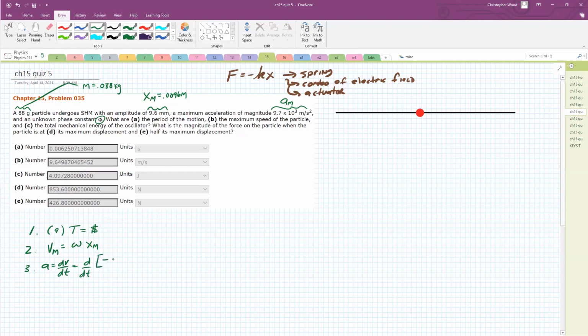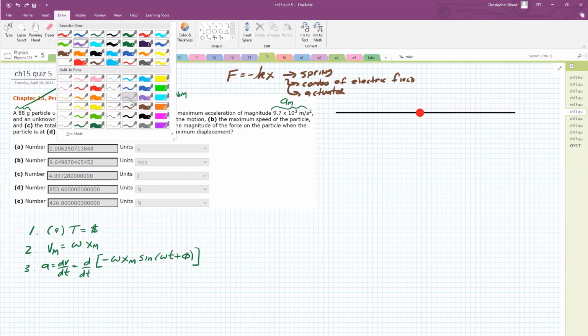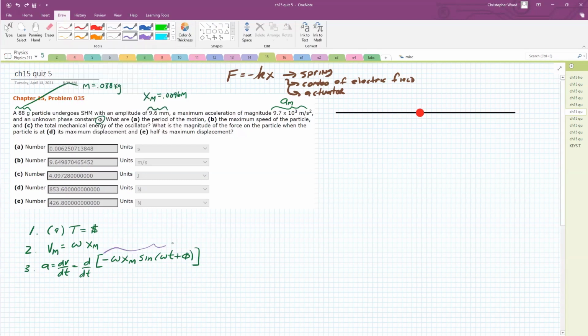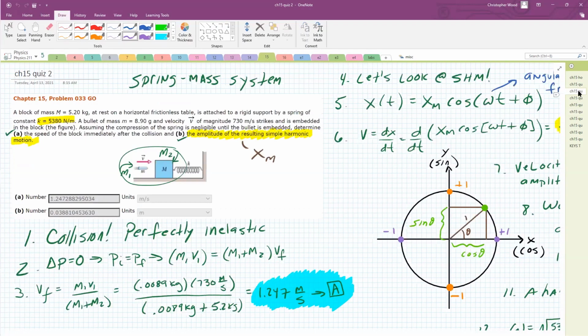My velocity function was minus omega x sub m sine of omega t plus phi. This is velocity as a function of time, and that was referenced back here somewhere.